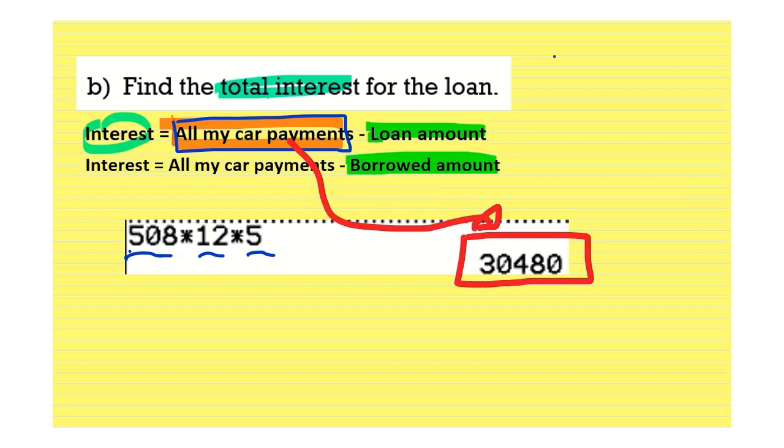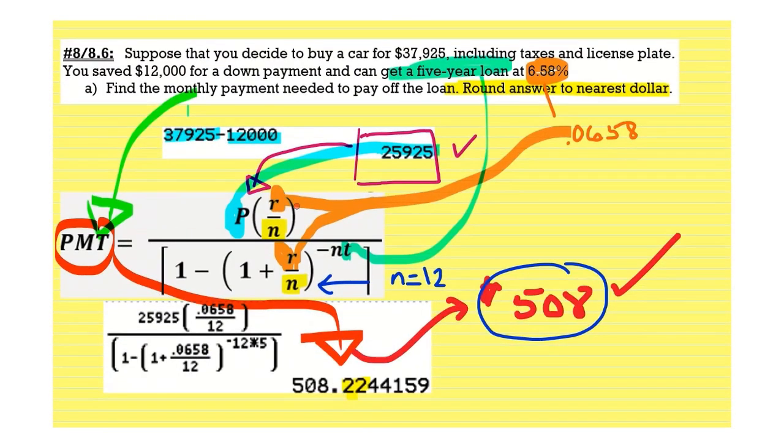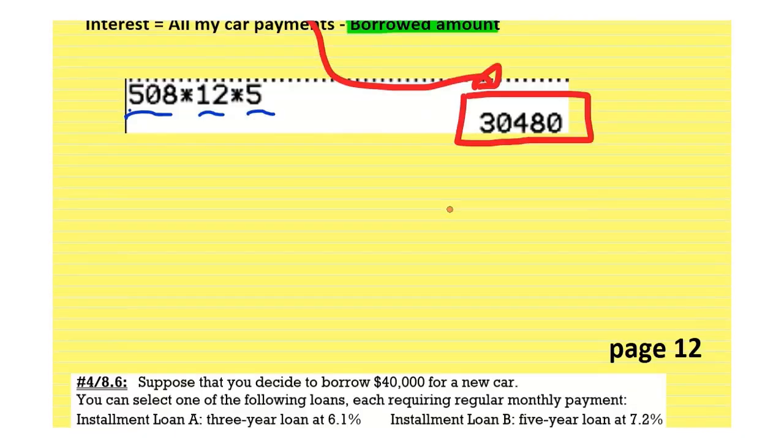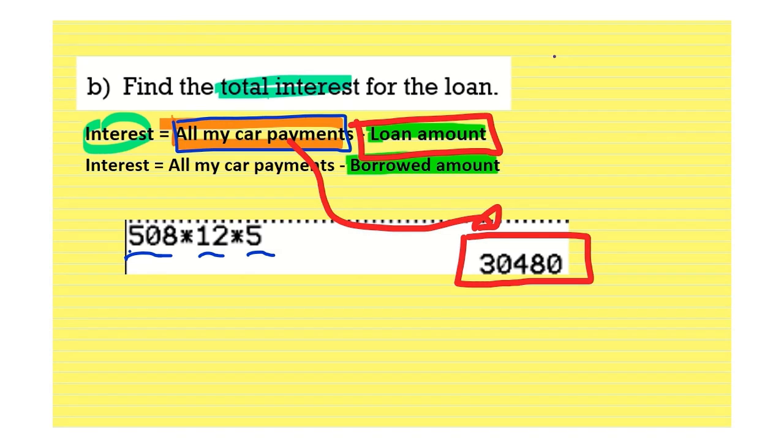So we now need to subtract off our loan amount. So how much did we come up with as a loan amount? That was our P number, our principal loan amount. That was the 25,925. So I'm going to go back down here and I am going to subtract the loan amount.